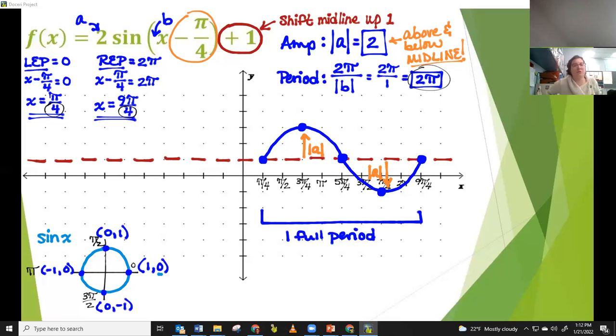Do I have enough room to go forwards or backwards and repeat this pattern again? I can go backwards. Tell me where to put my next point so that I can repeat this pattern, but behind what I've already done. Where does my next point belong?